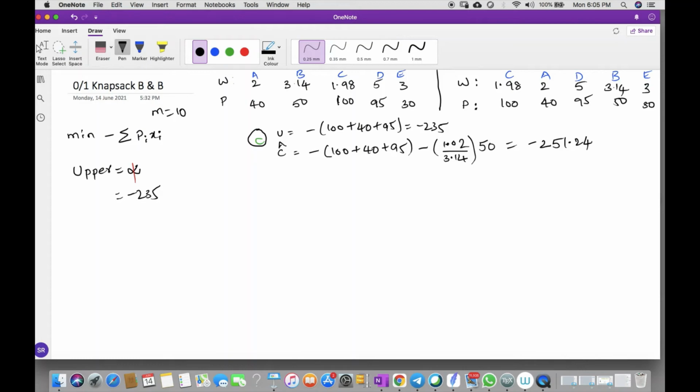So for our best upper bound, we have to constrain the overall feasibility space, which can be done only by reducing this upper value. So here we start with infinite, later we got minus 235. We always look forward to an upper value which is further less than minus 235. In this way we try to update this upper.